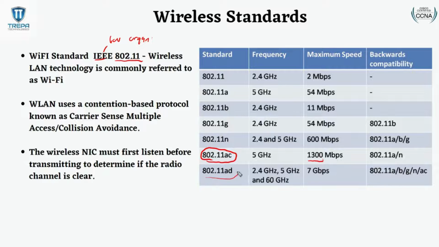And then we have 802.11ad, which bumps up to 7 gigabits per second. You may hear these as Wi-Fi 5 and Wi-Fi 6, which again is something we're going to go over later in this course. So for now, I just want to get you familiar with the 802.11 standard and the different frequencies they're going to operate in, as you can see here, okay?